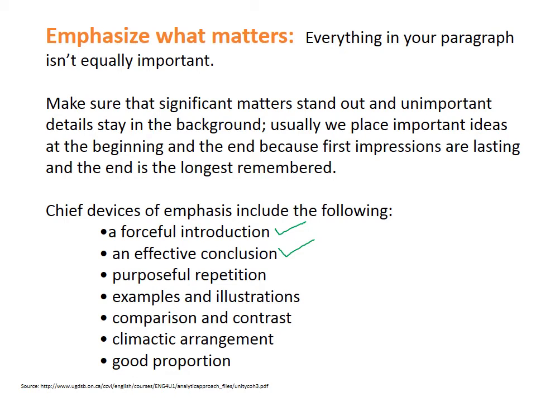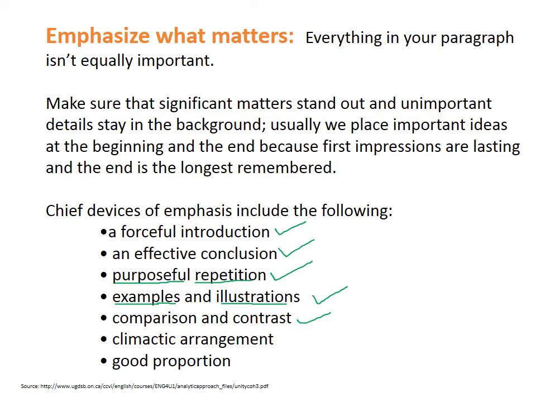Use purposeful repetition. A really great example of this is Dr. King's I Have a Dream speech and how he uses repetition to emphasize points. You could definitely do that in your writing. Use examples. Stories are wonderful whenever you can use an example of some sort to illustrate a point. Compare and contrast to really drive home a point. Use climactic arrangement.